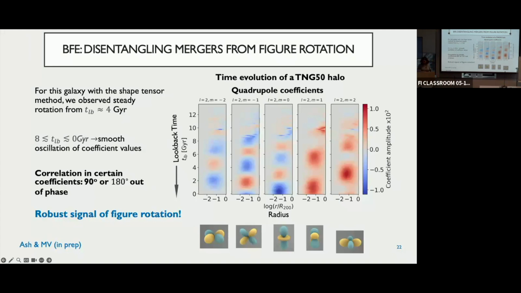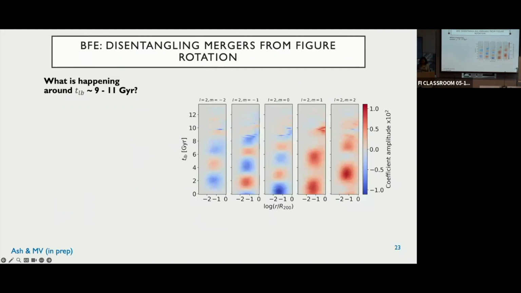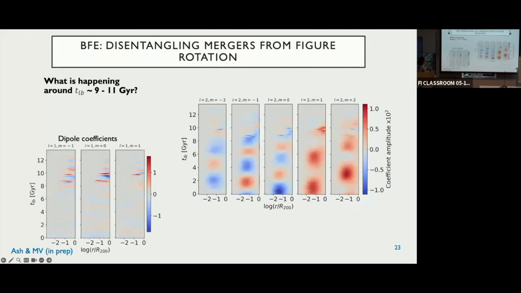What's happening here? So you can look at that, and we looked at this also in the dipole coefficients. Those are also there, right? It's not just the quadrupole coefficients. And what you see here is a ringing in the dipole coefficients.